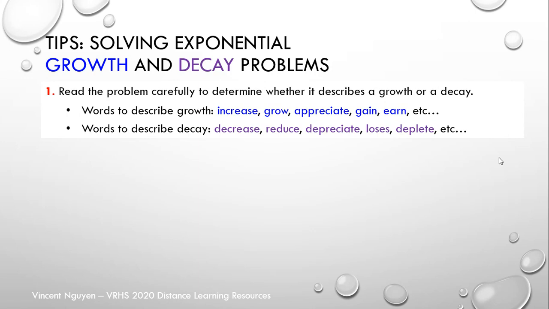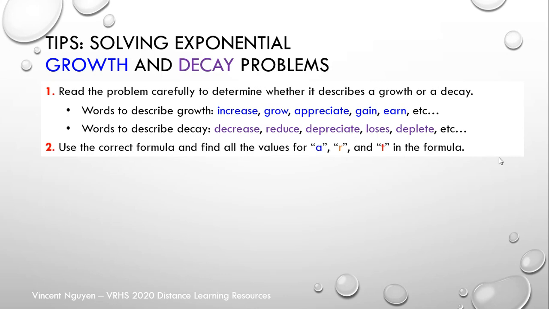So you read carefully, determine which one it is, and then once you determine it, you will use the correct formula. If it's growth, use the growth formula. If it's decay, use the decay formula. Then you'll find all the values for your A, R, and T, which are given in the problem. The function, just keep in mind, is the output, the final amount that you're trying to find.